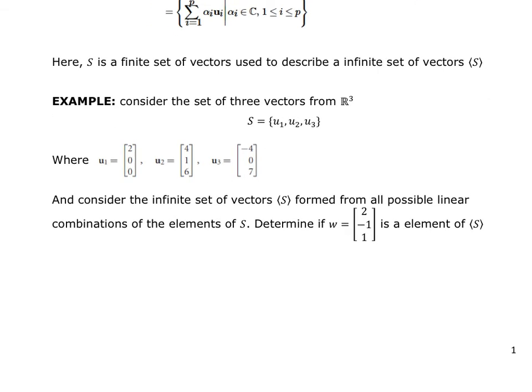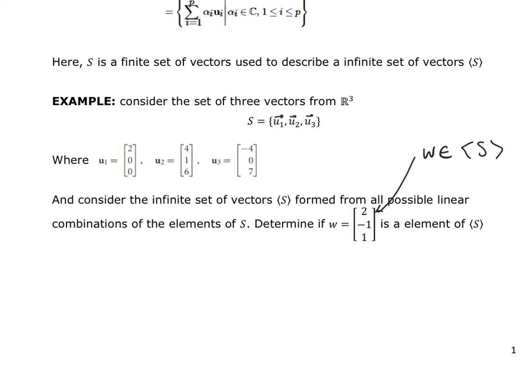We're going to consider these three vectors, u sub 1, u sub 2, and u sub 3. Those are the spanning set. I'm asked to determine if this is in the span of S. So they're asking me, is W an element of the span?